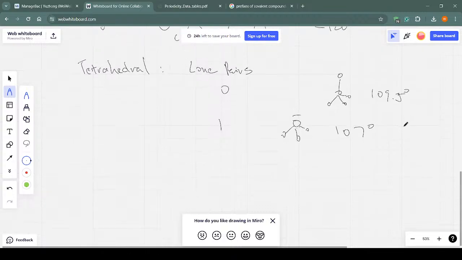And then if there's 2 lone pairs, so that's something like, and then it just has 2 of them, or there would be 2 pairs like that.